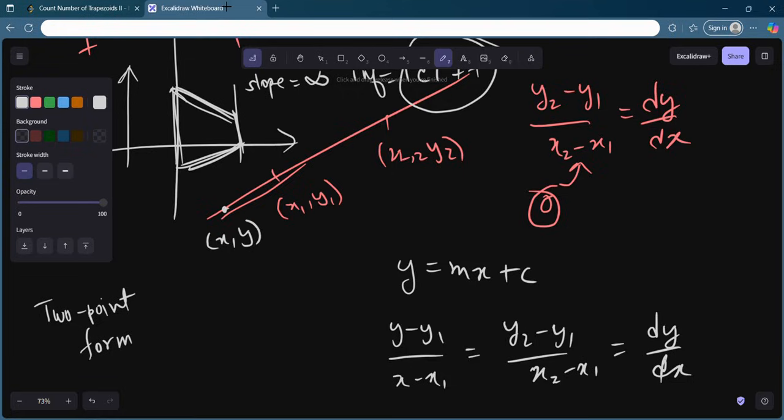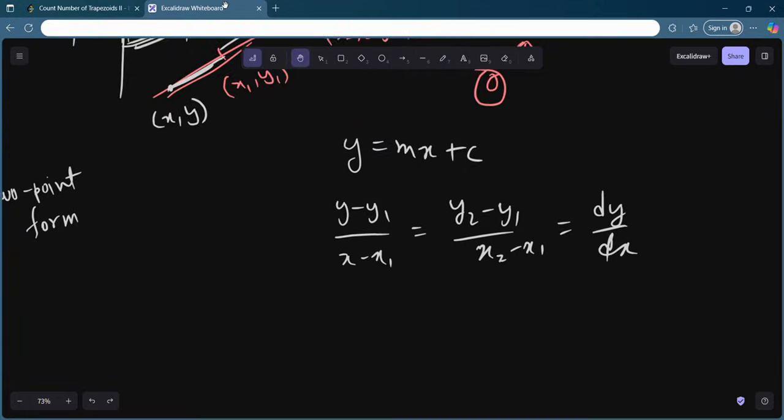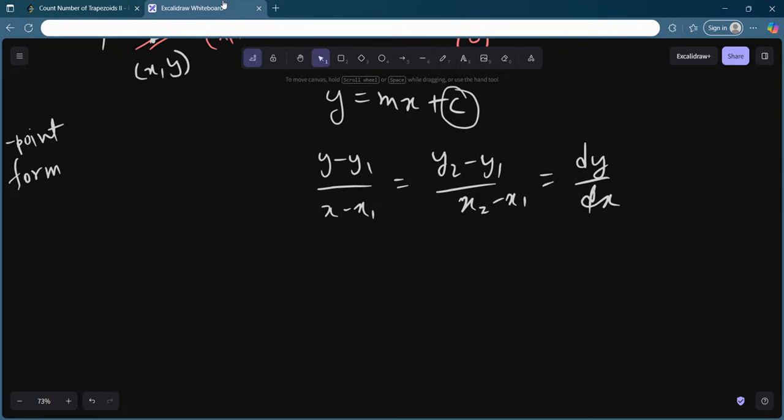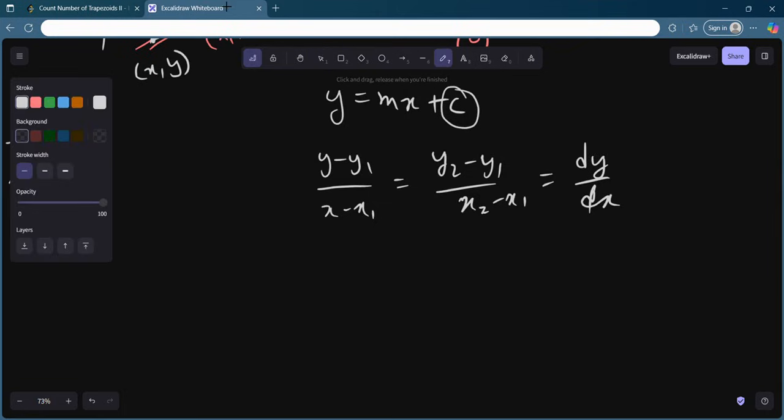And how do you get this? It's very simple. You just calculate the slope between these two points. This slope and this slope are equal to each other, right? You just equate them and you get the equation of a line. If you try to find this c value, this intercept value, then you need to solve this. So let's cross multiply.